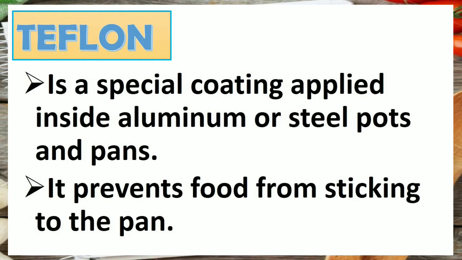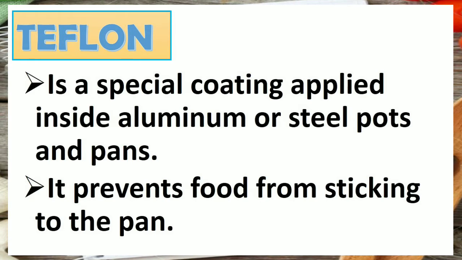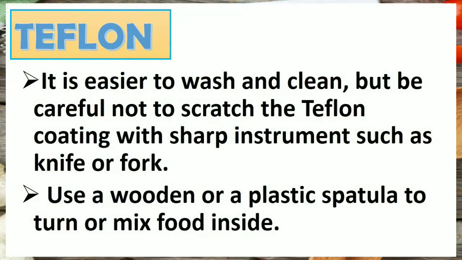It is a rubber, but a rubber that does not contaminate our food. And it is easier to wash and clean, but be careful not to scratch the Teflon coating with a sharp instrument such as knife or fork. And when we are cooking, use a wooden or a plastic spatula to turn or mix the food inside.